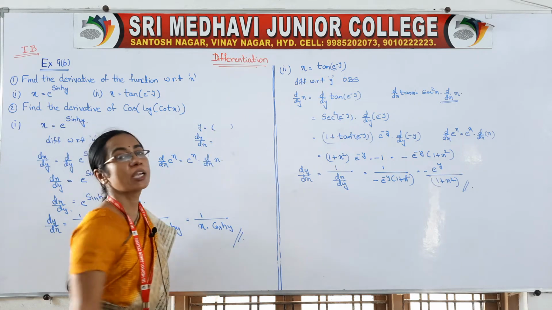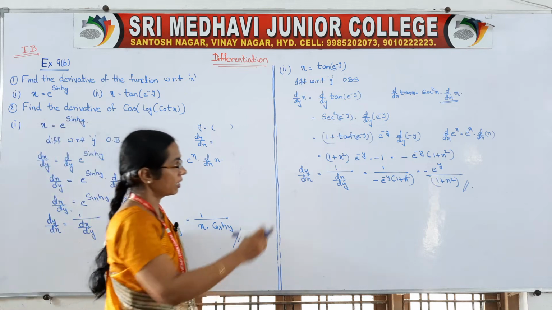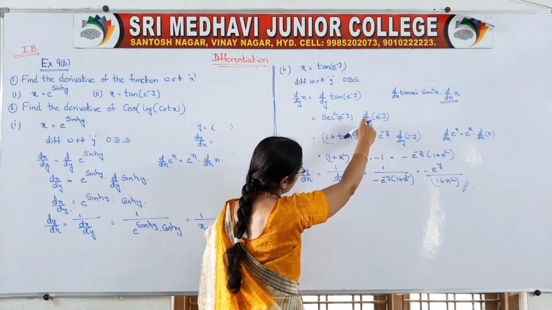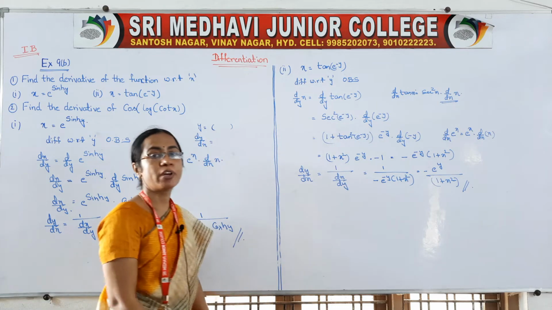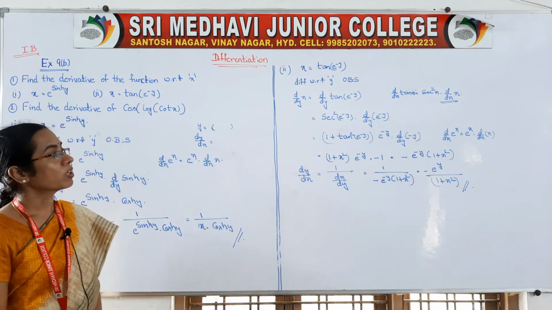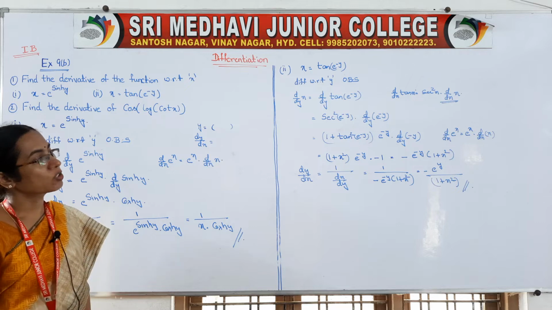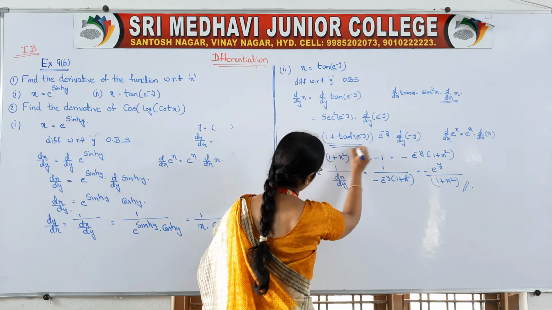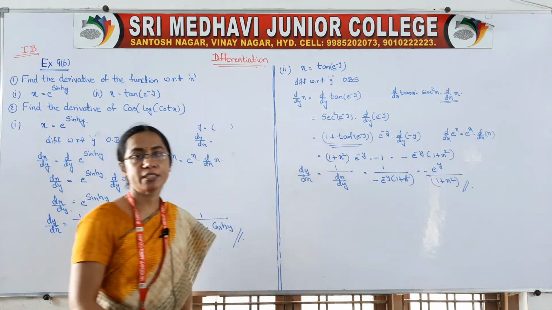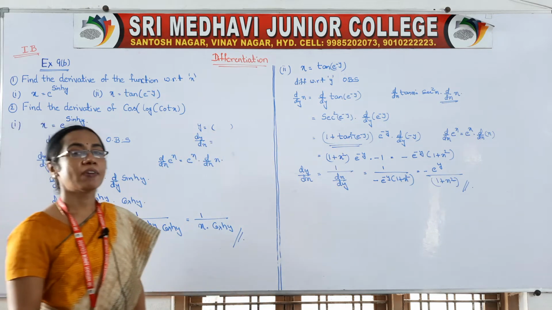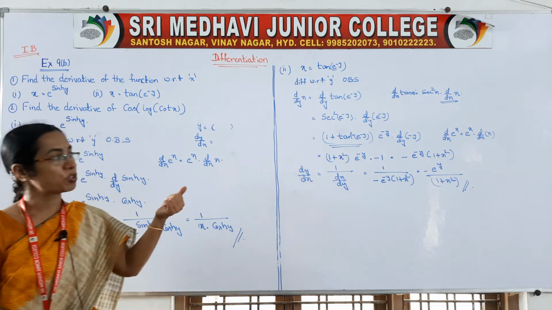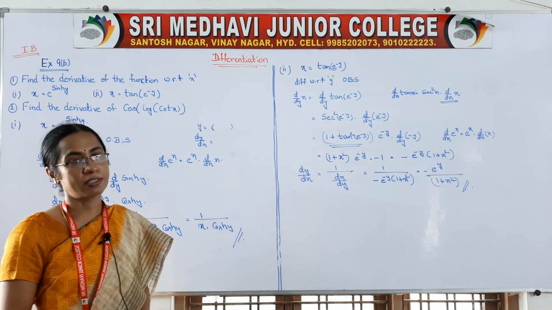In x place you are having e to the power of minus y. So it is secant square e to the power of minus y into d by dy of e to the power of minus y. After that, secant square, by using our trigonometric formulas, is 1 plus tan square, and tan value is given as x. Substitute it, you will get your answer.